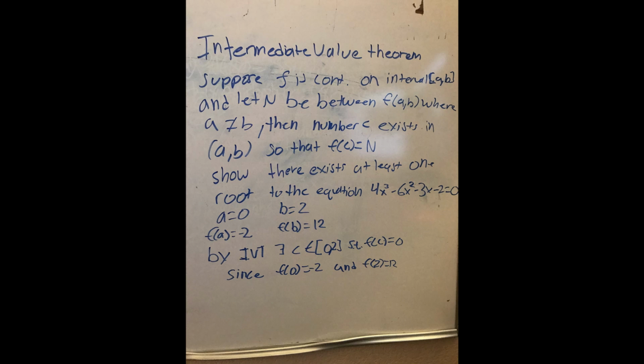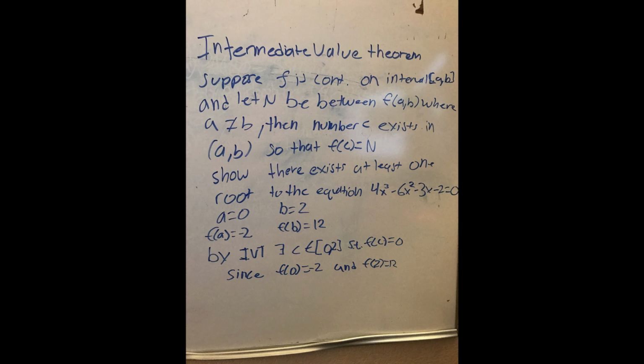Just a small example of that: we're going to show there exists at least one root in the equation using the intermediate value theorem. We have the equation 4x cubed minus 6x squared minus 3x minus 2 equals 0. We are going to let a equal 0 and b equal 2. That is our interval, so let's plug in.